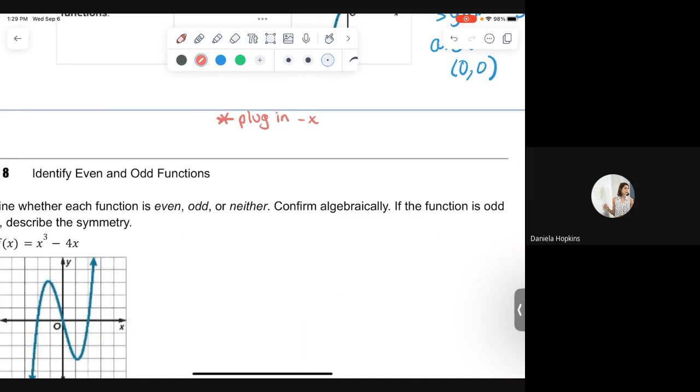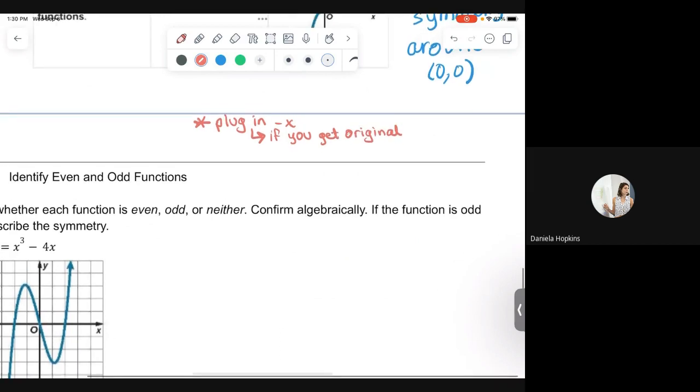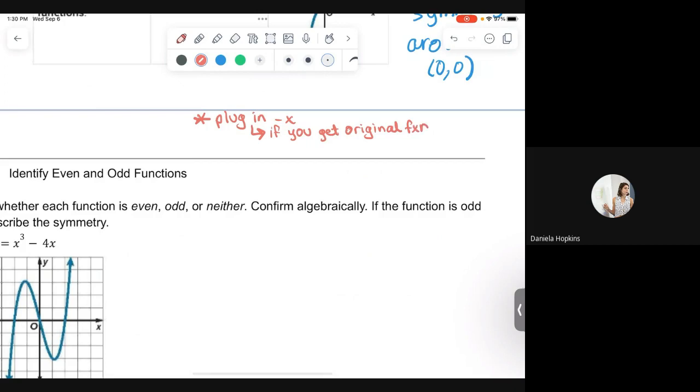When you plug in negative x and you go through and deal with your powers, if you get the original function, and I'm going to abbreviate here, fxn. You guys, are you okay with that abbreviation? That means function, fxn. It's just a short way of writing function. So if you get the original function, it's even.